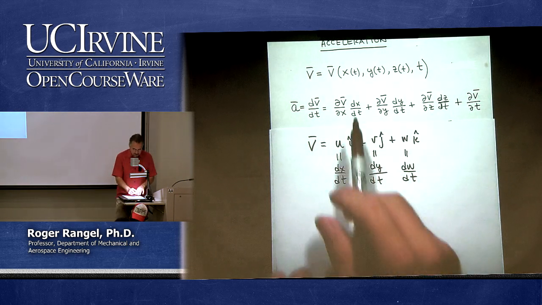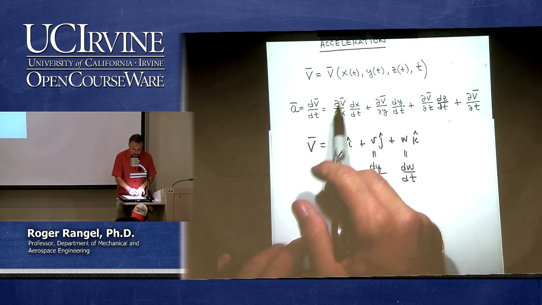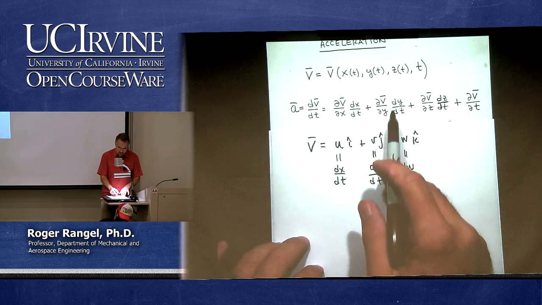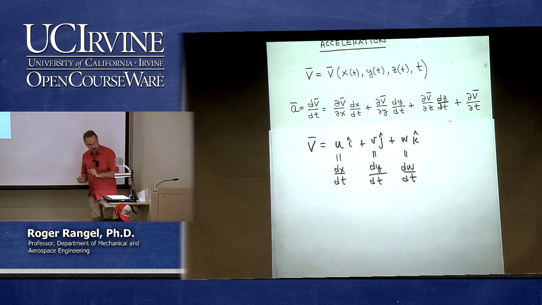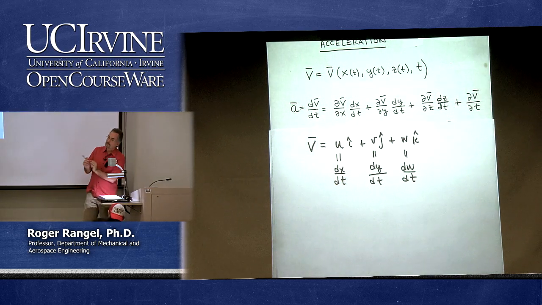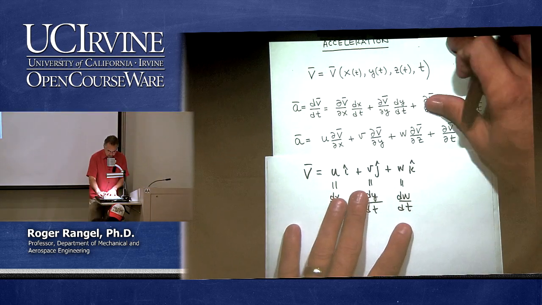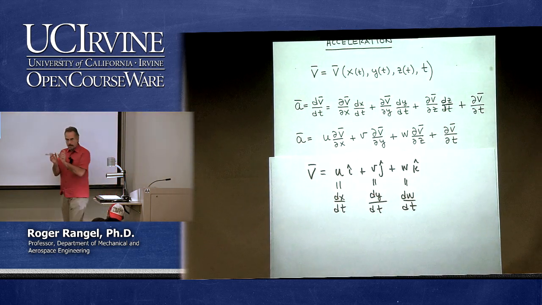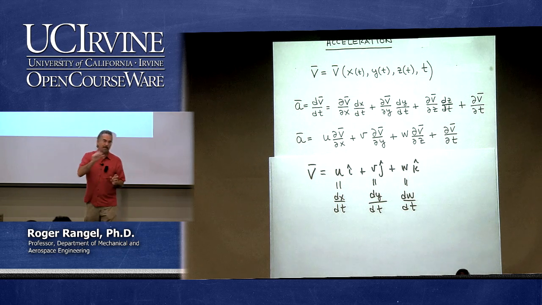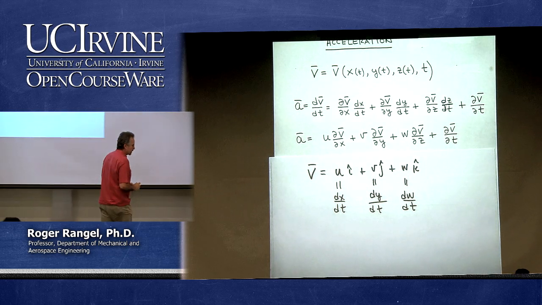So I really have there partial capital V partial x times u, partial capital V partial y times v, little v, and then partial capital V partial z times little w. So that's really what I have. I just put it's a product, I just put the simplest term in front, so I put the u in front.